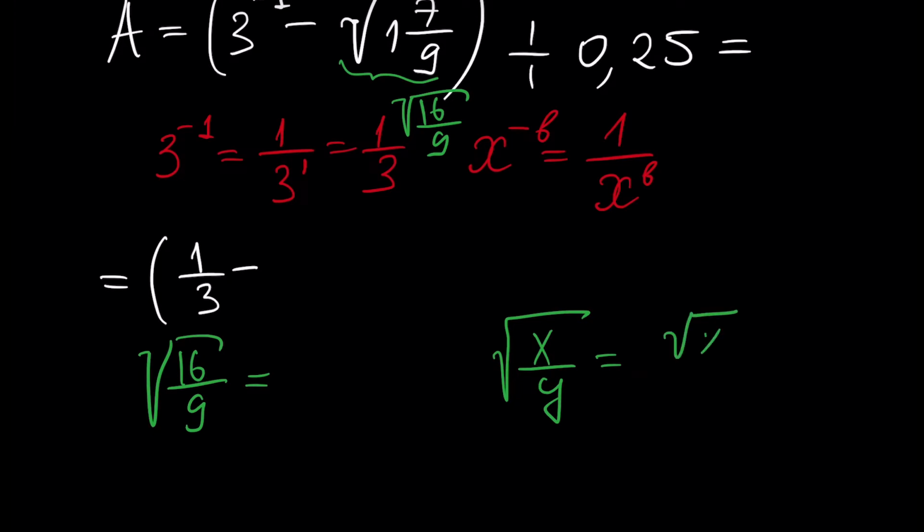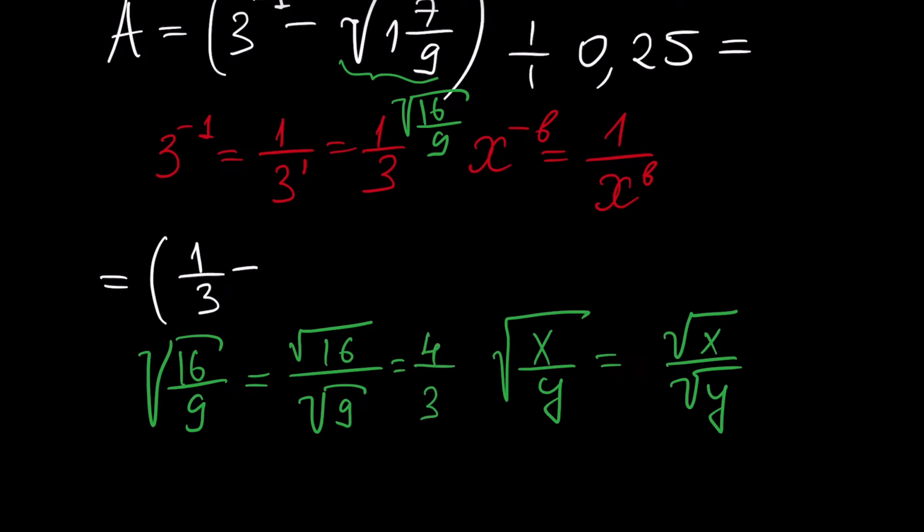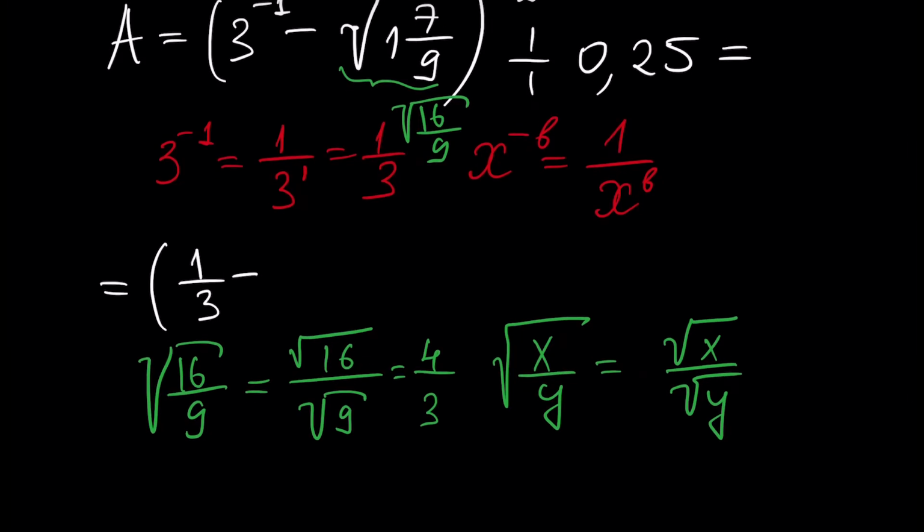It will be square root of x and square root of y. In this case, it will be square root of 16 over square root of 9. And we know that square root of 16 is 4 and square root of 9 is 3. That's why our number will be 4 over 3.